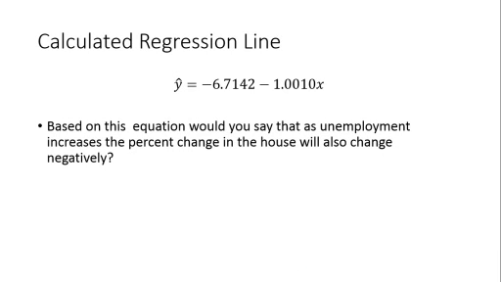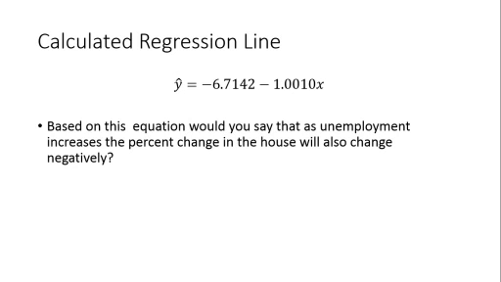Okay, so this is the line of regression. Let's say all this data was used. I think there are 27 or 29 pieces of data, something like that. The line of regression that was used was y hat equals negative 6.7142 minus 1.0010x.